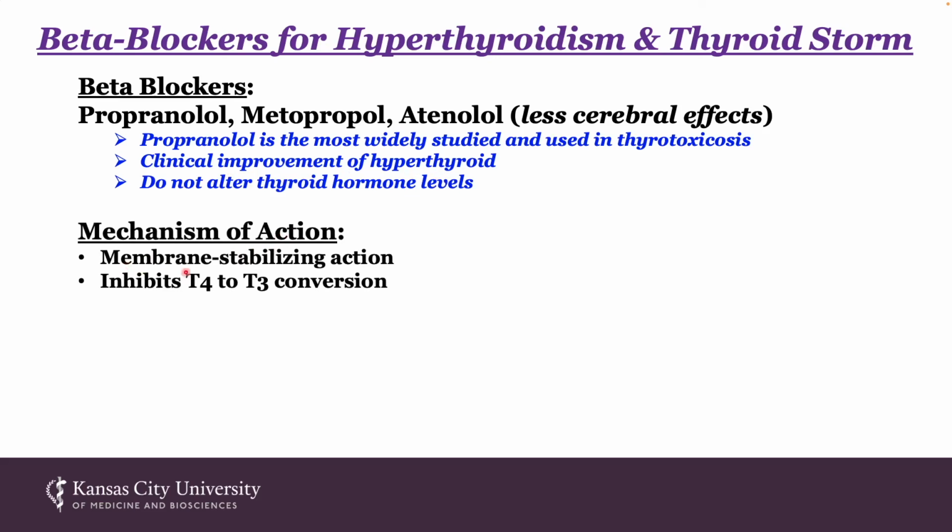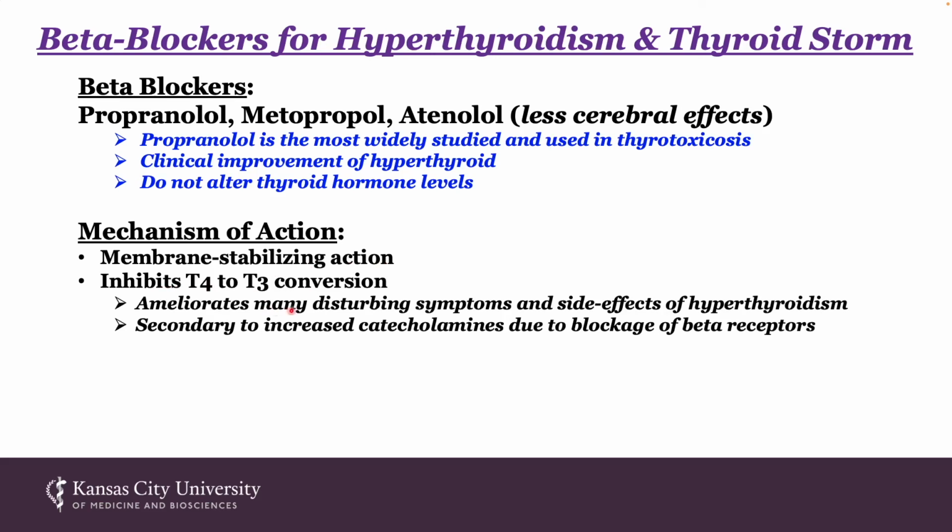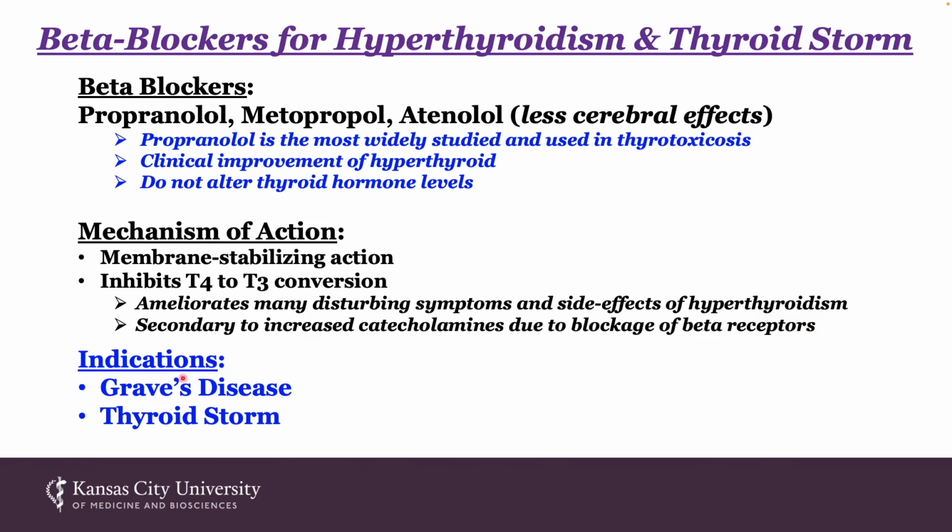Their mechanism of action includes membrane stabilizing action and inhibits T4 to T3 conversion. This ameliorates many disturbing symptoms and side effects of hyperthyroidism and thyroid storm, and it's also secondary to increased catecholamines due to blockage of beta receptors, again indicated in Graves' disease and thyroid storm.